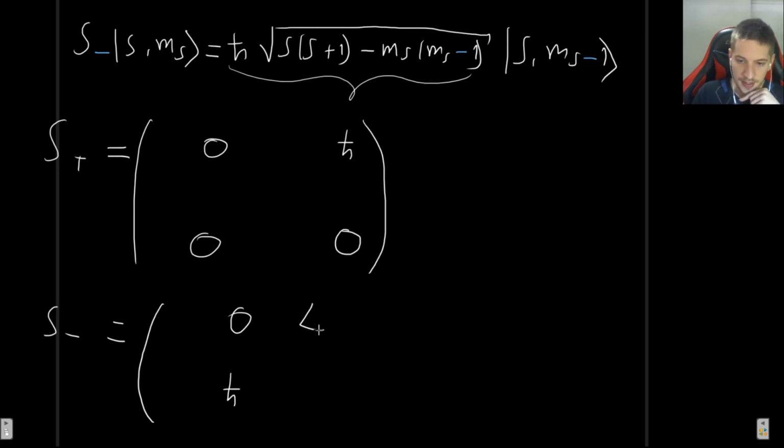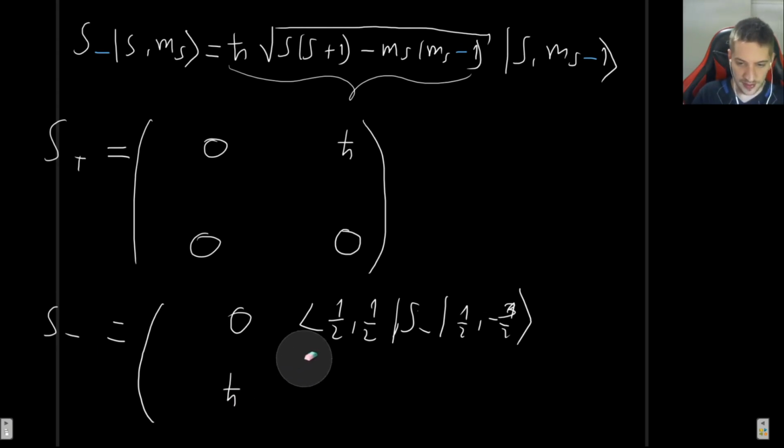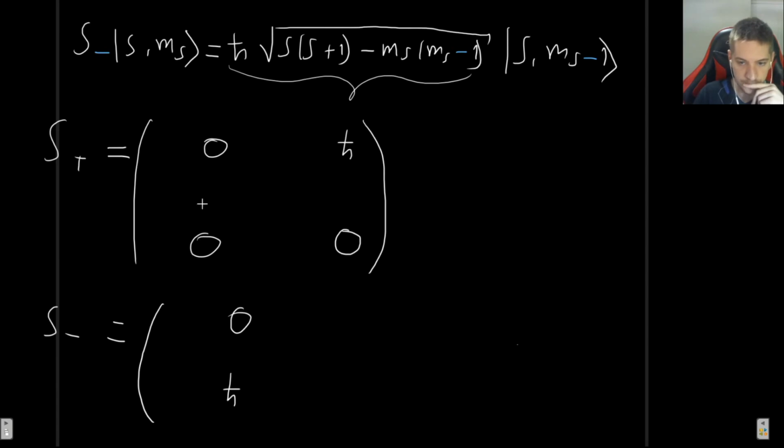Okay, so this state over here is going to be 1 half, 1 half, and then s minus, and then 1 half minus 1 half. So when we apply the lowering operator, this minus 1 half will be minus 3 halves. So you can see that this is also going to be 0.